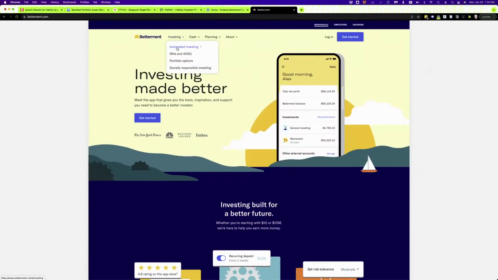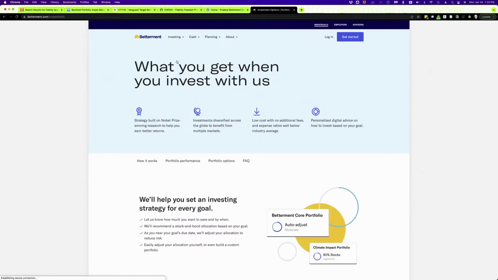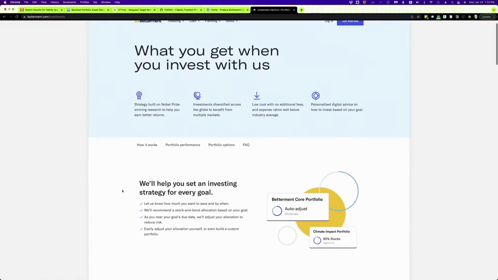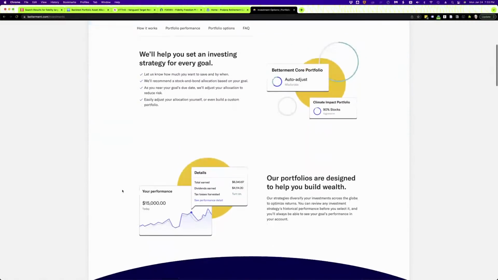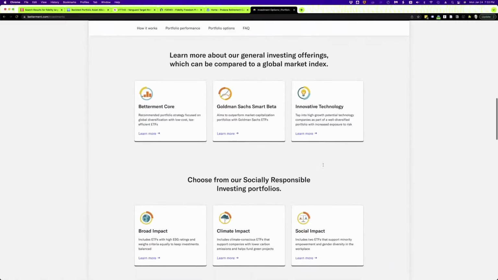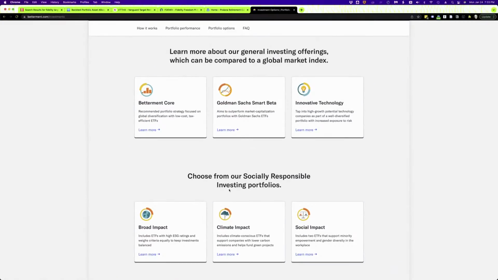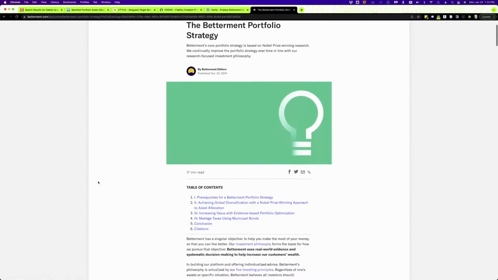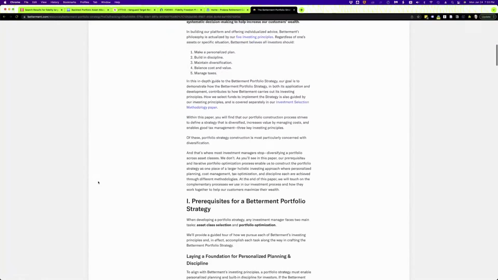They tell you somewhere. And they have different portfolio options. They have an ESG option. Yeah, there's their core. I think they have ESG, social impact, they call it. Goldman Sachs Smart Beta. I don't know about that. Anyway, here's the Betterment core, and you can get all kinds of details.